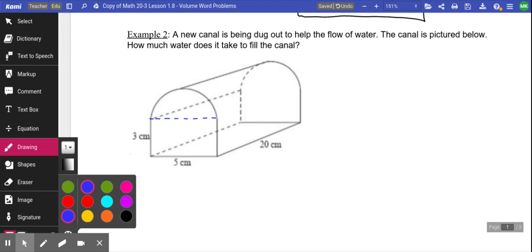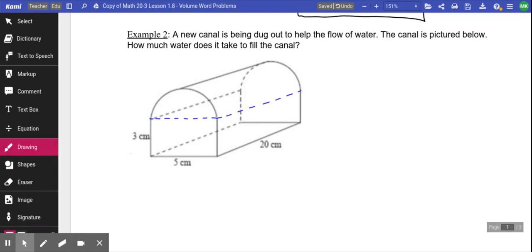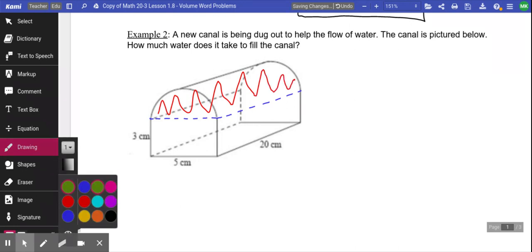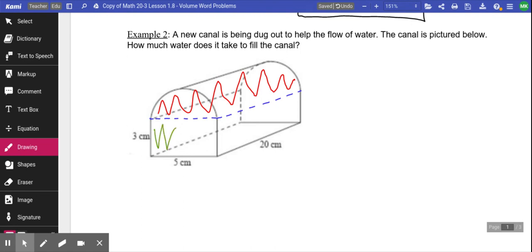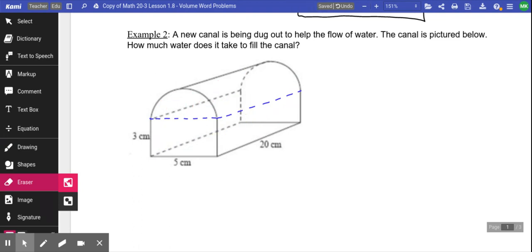So that means if I drew another line from here to there, now I can see I've got half a cylinder on the top, and I've got a rectangular prism on the bottom. And when you get these weird shapes, it's up to you to figure out how you're going to draw it so it's a shape we know.